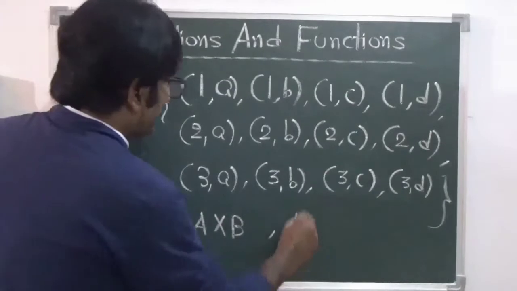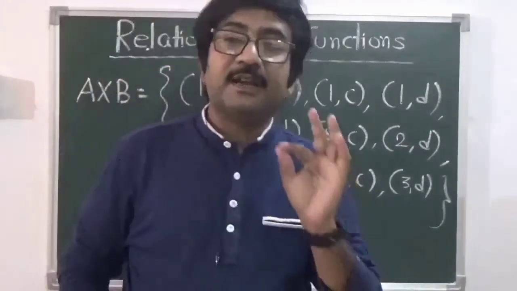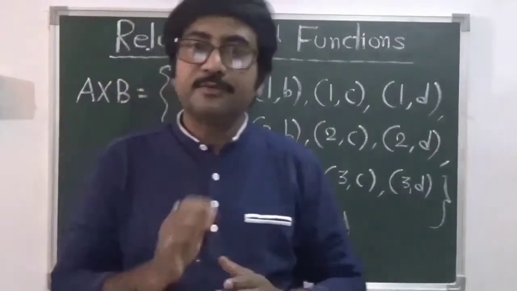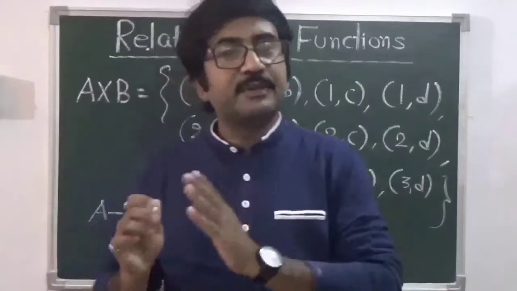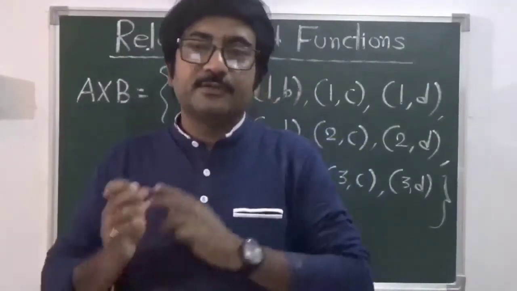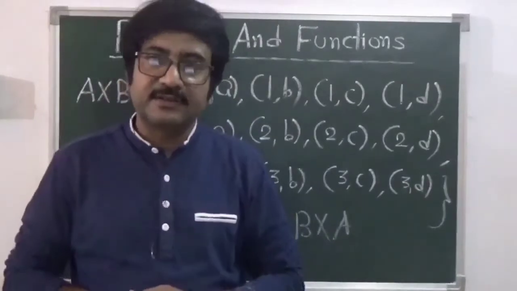A cross B and B cross A mean two different things. That is, 1 comma a and a comma 1 are two different elements, so you cannot say that A cross B and B cross A are the same.